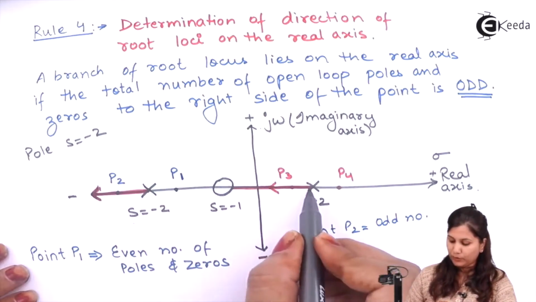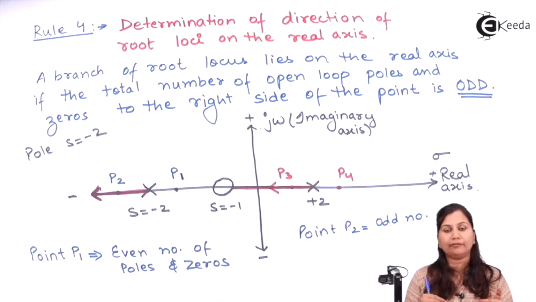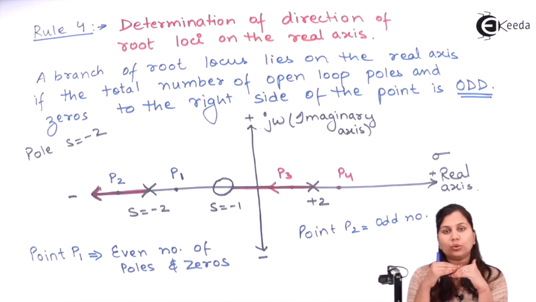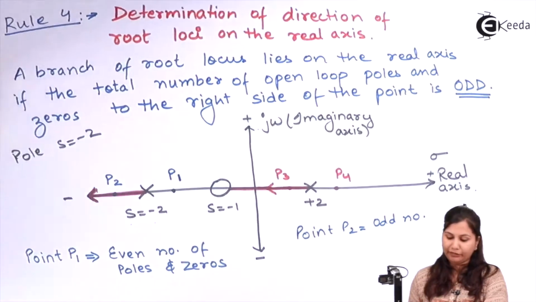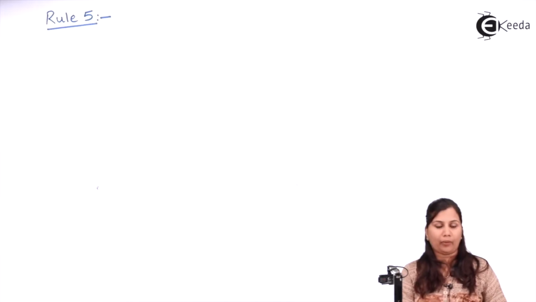If the direction of the root loci for these two poles is towards each other, then these two root loci are going to coincide at one point. They are going to meet at one point and that point is called the breakaway point. So our rule number 5 is related to the calculation of this breakaway point.